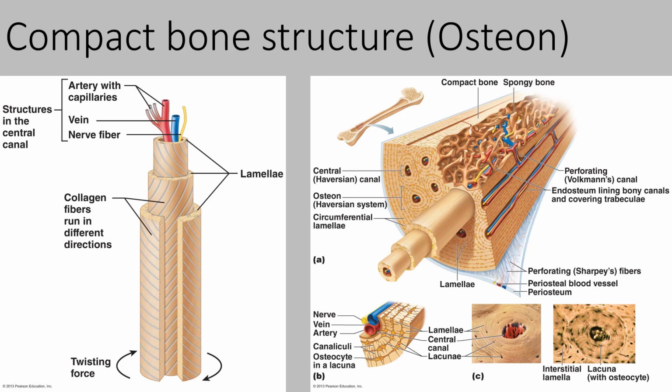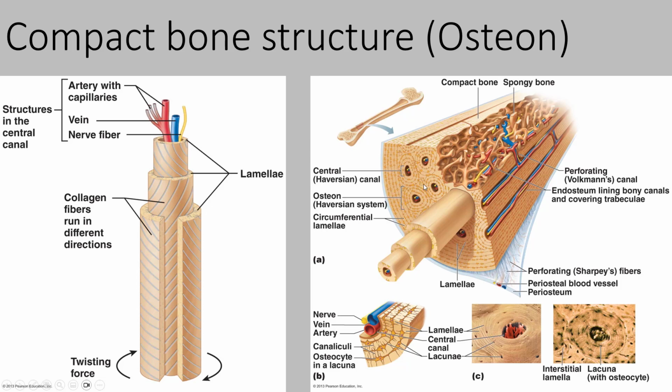All right, so we can see all that we've just talked about in this image here, and we see these layers of the lamella that go around a Haversian canal. But an osteon is round, and if you stick a bunch of circles next to each other, it doesn't form a nice, complete border. There's going to be spaces in between.